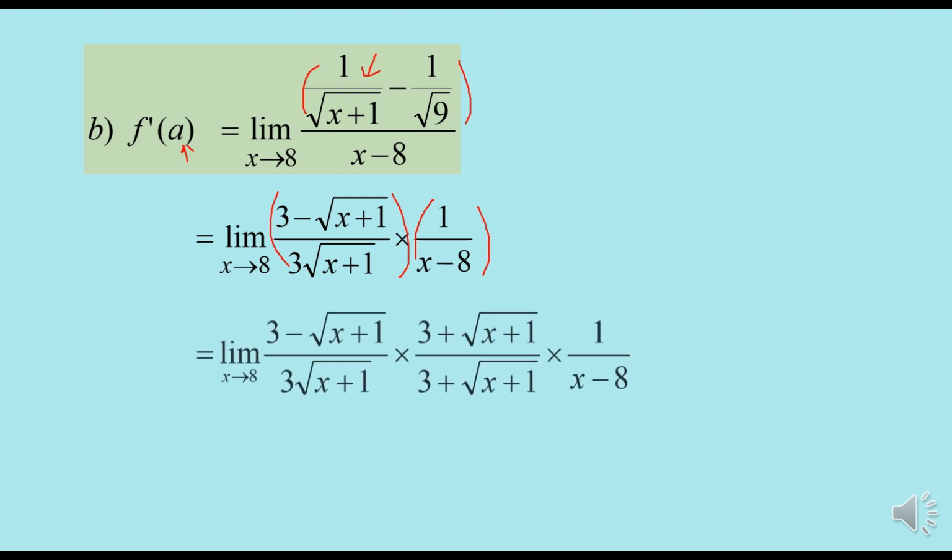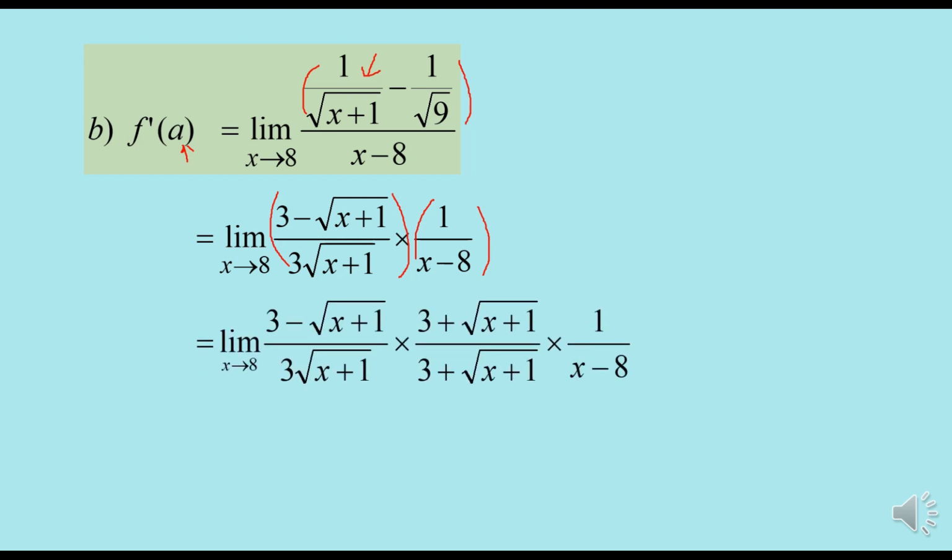Okay, then as usual, to simplify, we need to multiply by the conjugate of the numerator. So please take note that when the sign here is minus, you have to change it to plus. Okay, so I multiply by the conjugate of the numerator, that is 3 plus the square root of x plus 1.